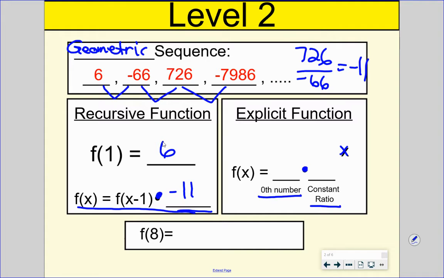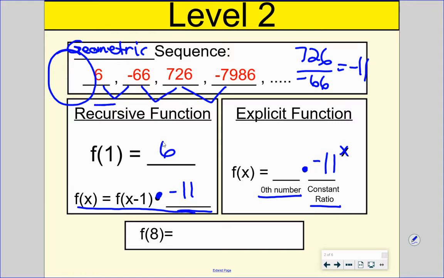So we need to remember in our explicit function, our constant ratio is the number that has the exponent of x. So we still need to figure out our 0th number. Our 0th number, of course, over here is the number before the first number.